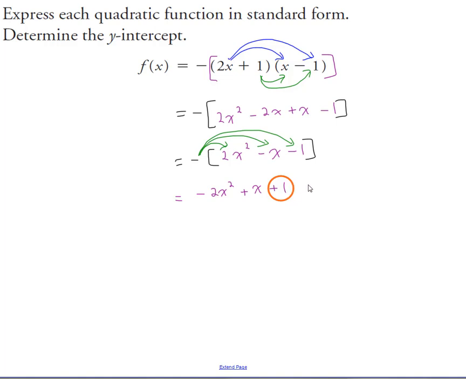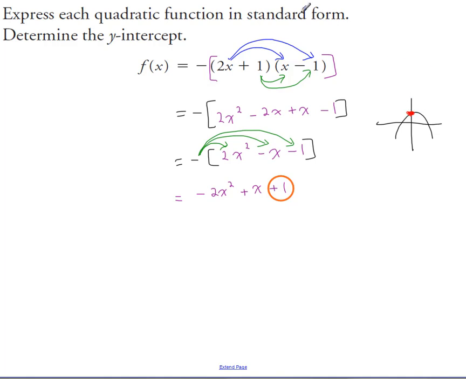This is because what is a y-intercept? Well, y-intercept is when the x value is 0, right? On the y-axis, my x's are 0. So that means anytime in standard form, I'm going to have a quadratic that might look something like that. There's my y-intercept right there.